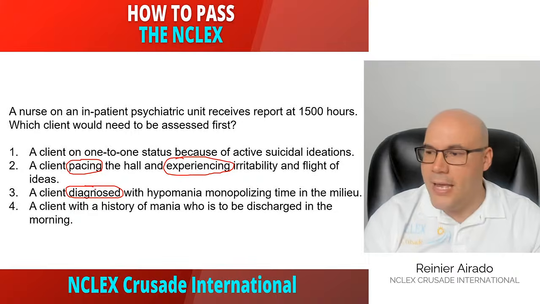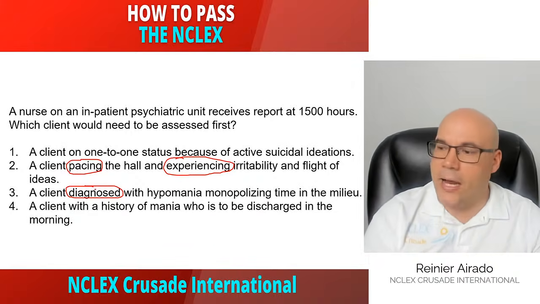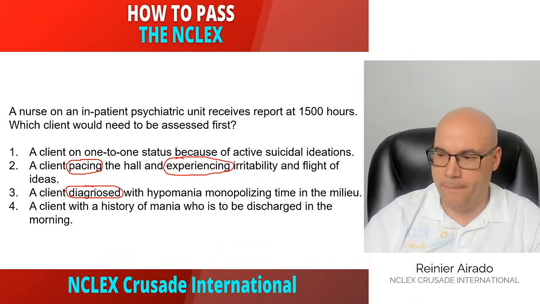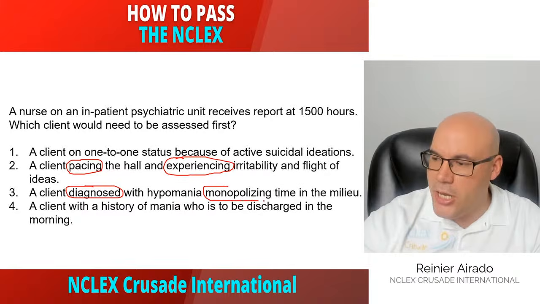Answer number 3, diagnosed with hypomania. So that is a diagnosis, and the problem now is monopolizing time, or controlling time. So we also have that verb with ing in answer number 3.